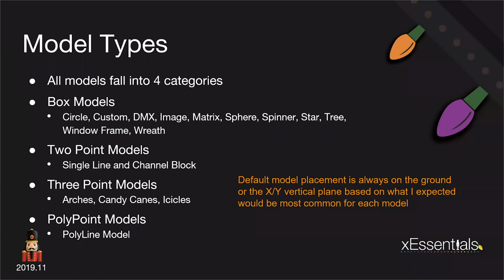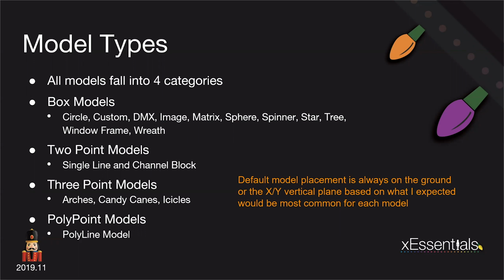I'm mentioning in that little orange note that the default model placement is always on the ground or on the XY vertical plane. What I tried to do was guess, for each model type, where you would probably want to be placing it. Trees, you're probably always going to place on the ground, so they default to starting on the ground plane.